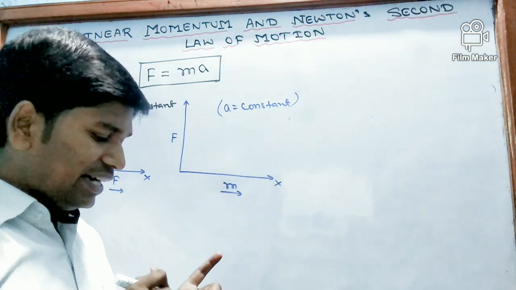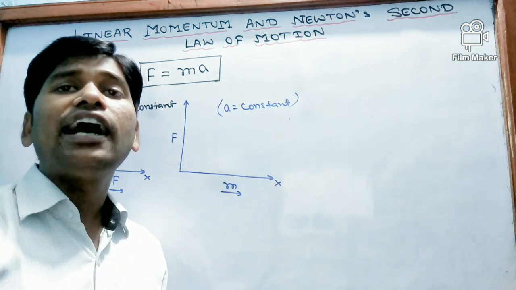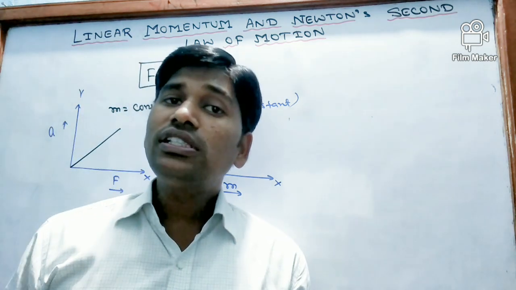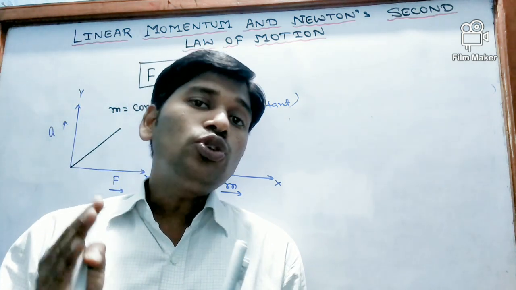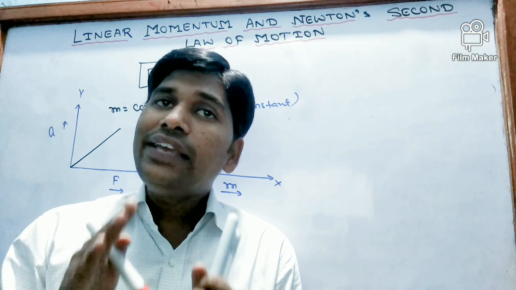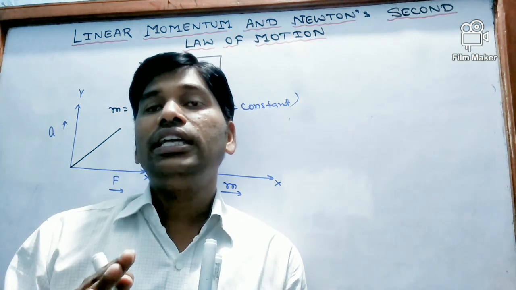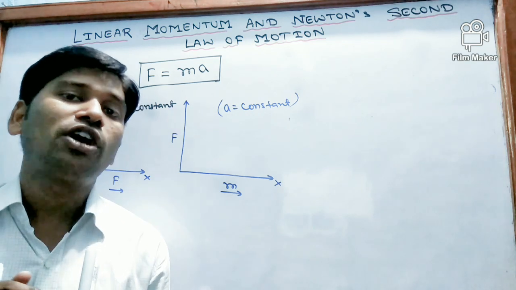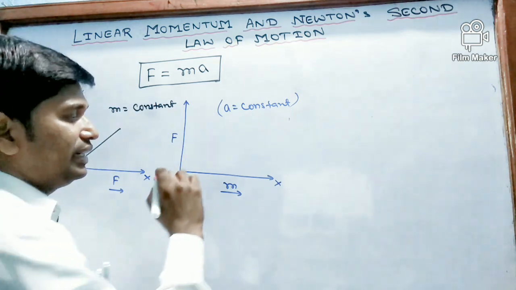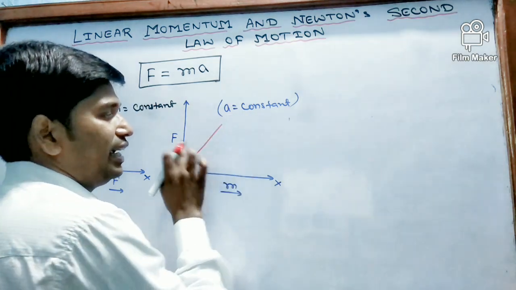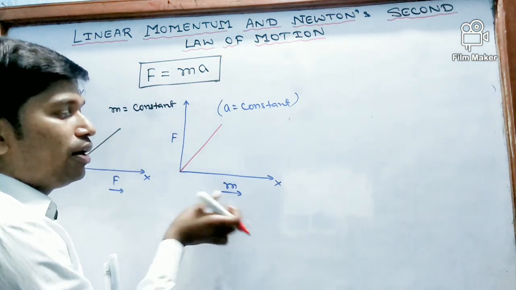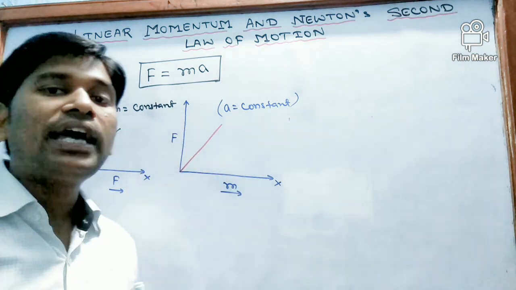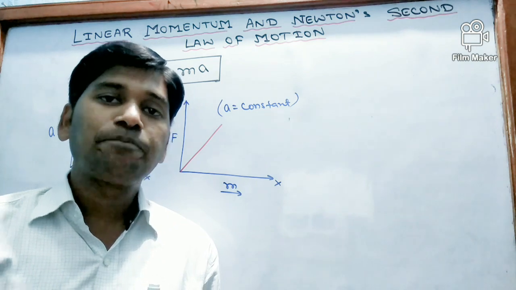What we will find if we draw the graph is that the force needed to produce a given acceleration in a body is directly proportional to the mass of the body. So we can get a graph like this. It is also directly proportional. If mass is more, we have to apply a larger force.